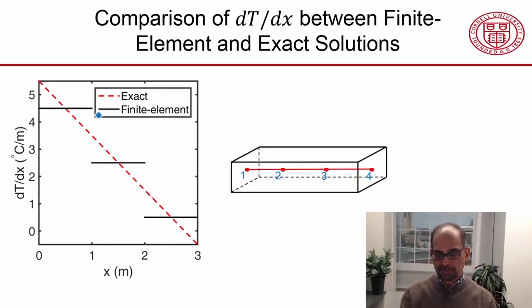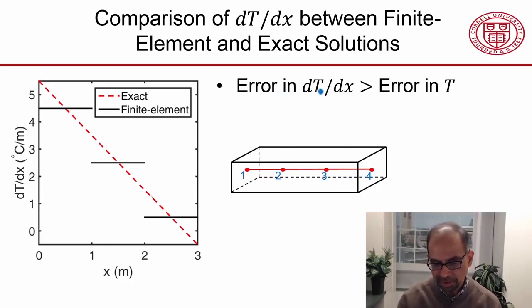And if I put up the graphic of the nodes sketched onto a figure of the bar, I see that over each element the derivative is constant, and that's because we assume that there's a linear variation of the temperature over each element. And it turns out that the error in the derivative is greater than the error in the temperature itself.